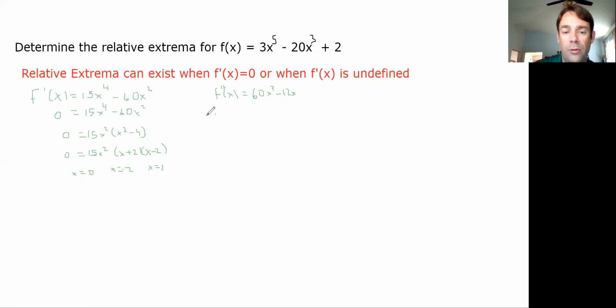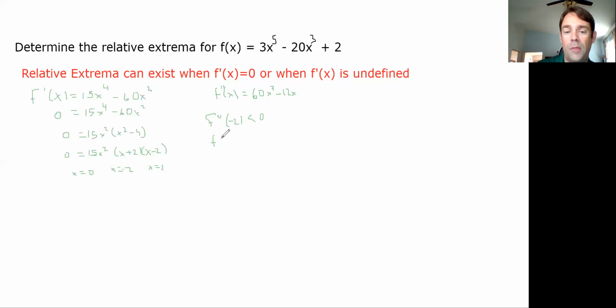So let's plug negative 2 in there. What would that be? That'd be negative 480 plus 24, that's negative 456. I don't need to put negative 456. If you see that it's just going to be a gigantic negative number, that works.